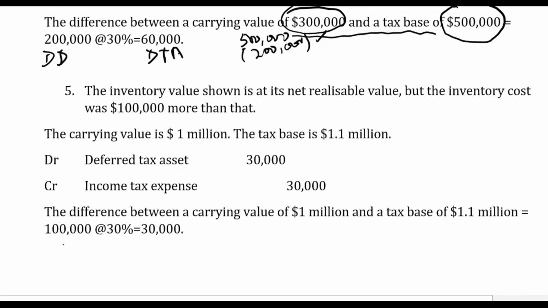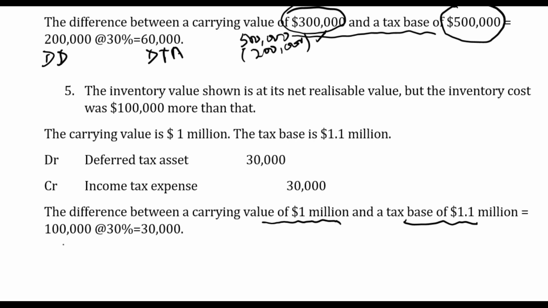Our fifth entry is where the inventory value is shown at net realizable value on the trial balance, but the cost is 100,000 more. So for tax purposes, the tax base is 1.1 million because our net realizable value is 1 million.